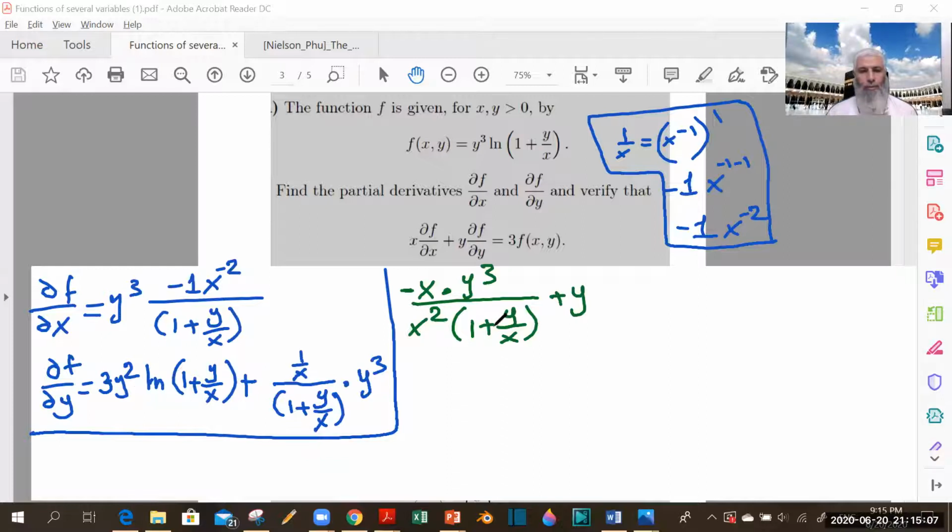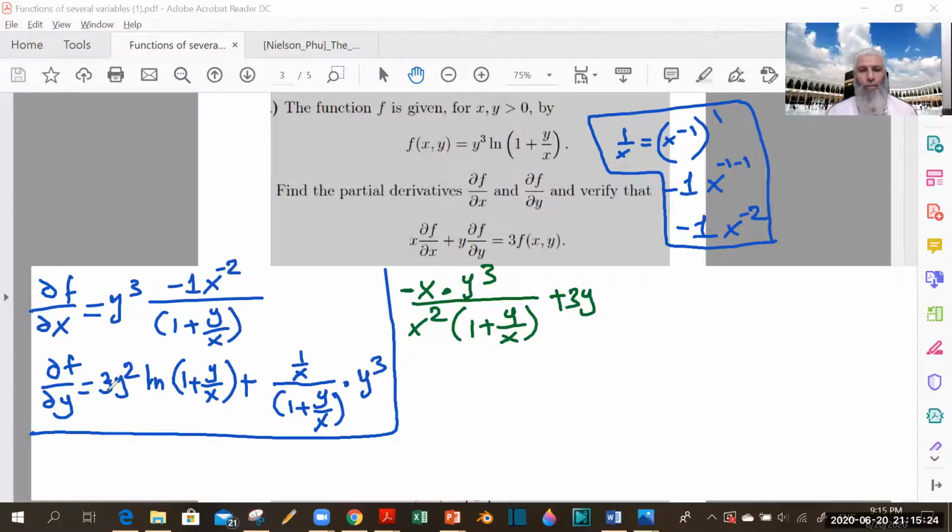So this is 3y squared times y, which gives 3y cubed ln of 1 plus y over x. I will multiply y here one time and here another time.